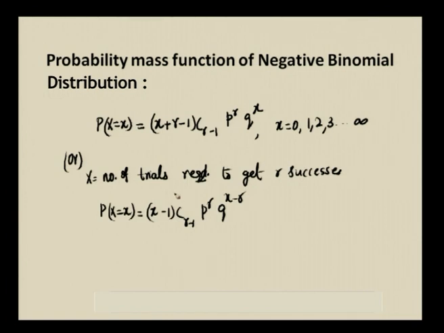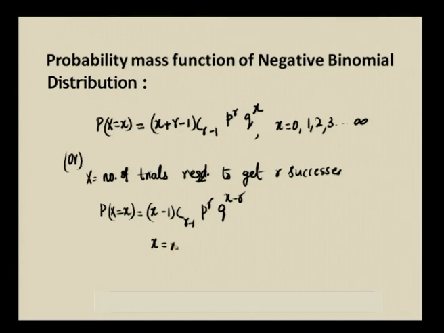X is the number of trials required to get r successes, which means x minus r trials will definitely result in failures. So, q power x minus r, and since there are r successes, probability p into p into p, r times, gives you p power r, and the combination is (x minus 1) C (r minus 1). In this case, x is the number of trials required to get r successes, which means at least r trials have to be conducted.